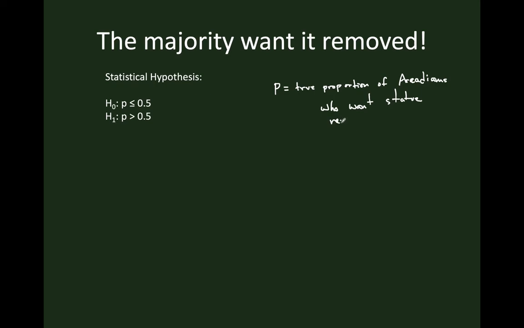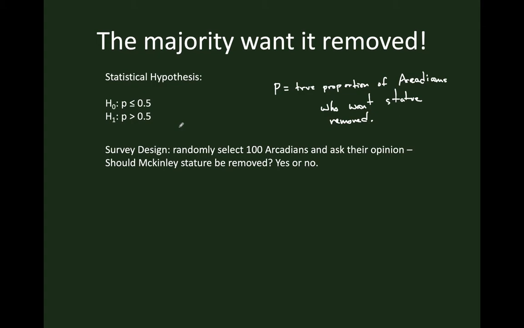That's our proportion, our population parameter, our population proportion. So in the alternate, we're saying it's the majority, it's greater than 50%. In the null, we're saying it's not the majority. And so we're going to try to figure out which of these is most likely true.